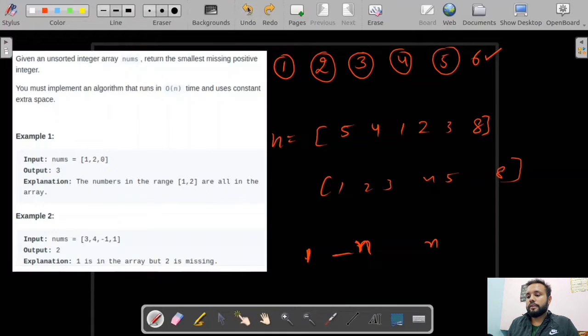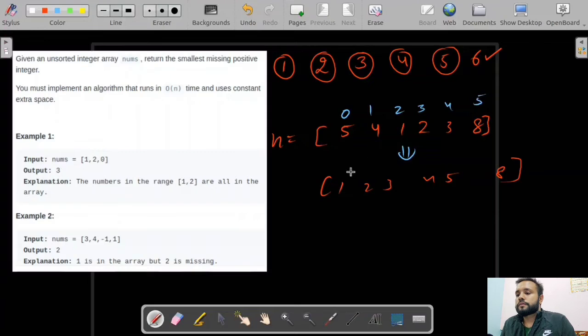Okay, so using this information, we can sort this array in O(n) time. How I'm going to do that is, let's check it. Assume this array is sorted like this, and these are index 0, 1, 2, 3, 4, 5.